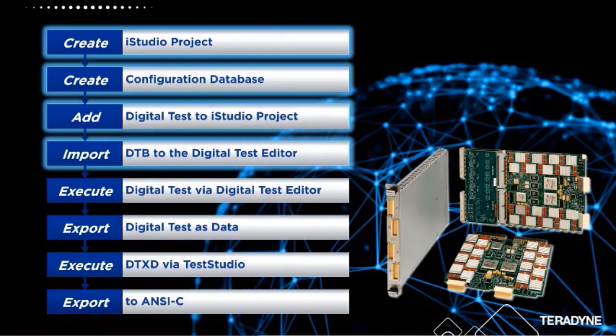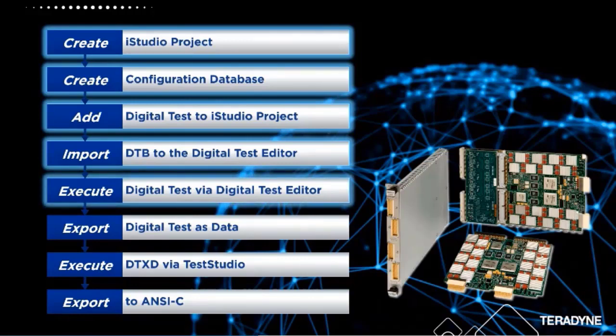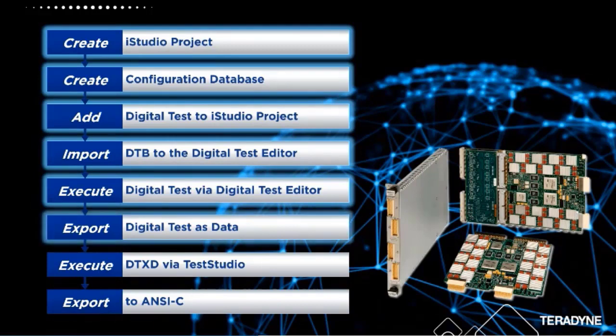We will then import our DTB to the new digital test using the Digital Test Editor's import tool. Once the digital test is imported, we will execute and debug the digital test using the DTE. When we are finished debugging, we will export the digital test as data. This will export the digital test data as a DTXT file.